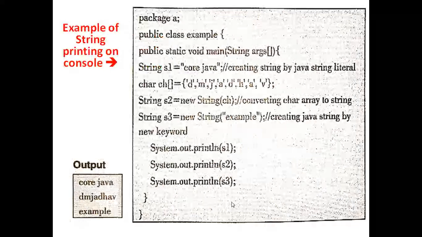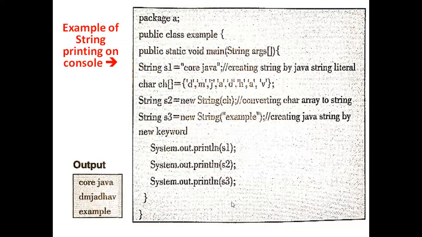We'll see another example of printing a string or declaring a string. Here we have created one class having the name Example, in which we have written the main function. In the main function we have created one variable s1 having data type as string, in which we have stored Core Java. We have created another variable which is of array type.